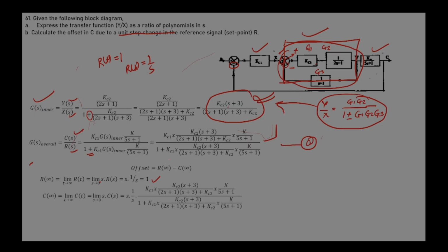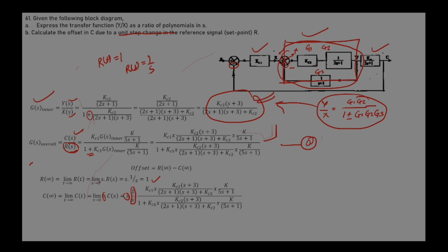What is C infinity then? C(t) as t tends to infinity is limit s tends to 0 of s into C(s). Now, see here, this s is this s. This 1 upon s is this R(s).